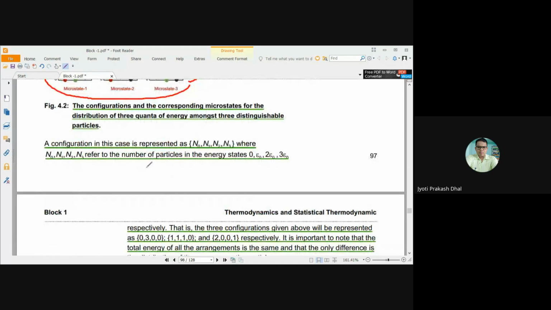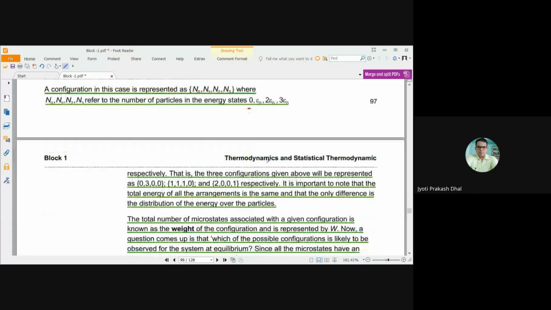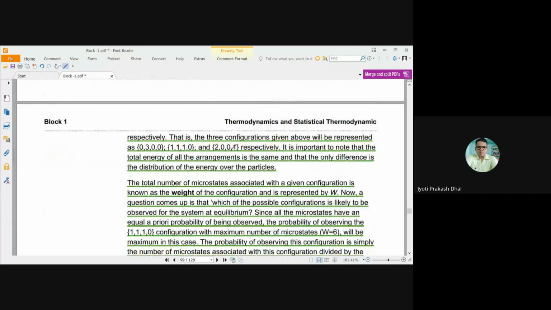So a configuration in this case can be represented as N0, N1, N2, N3, where N0, N1, N2, N3 refer to the number of particles in the energy states 0, epsilon 0, 2 epsilon 0, 3 epsilon 0 respectively. So the first configuration given above will be represented as 0, 3, 0, 0.